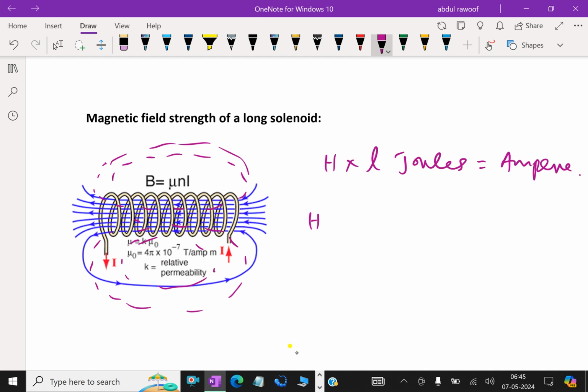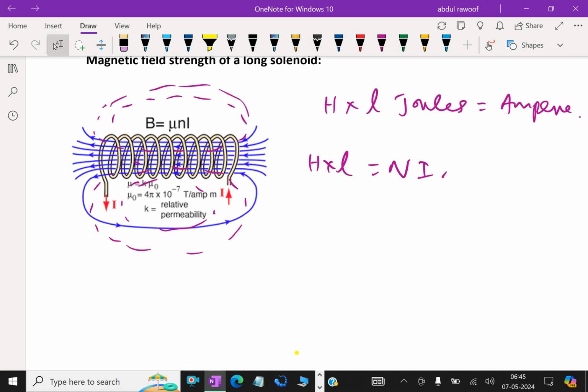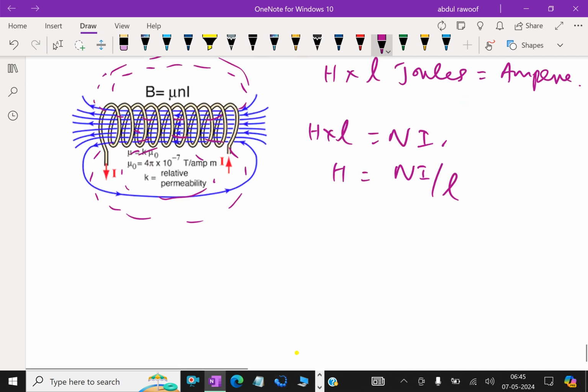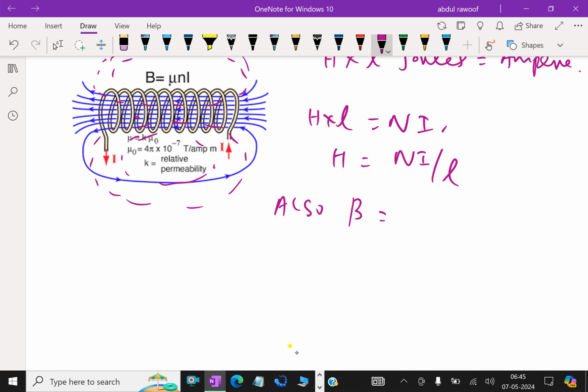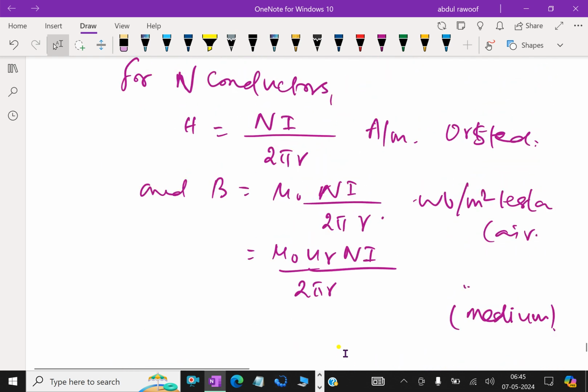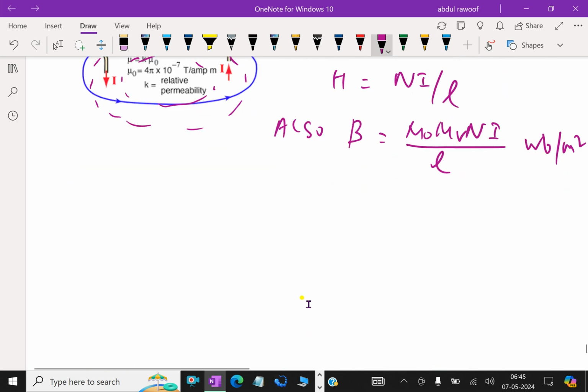Therefore, we can write H into L equals N I, and H equals N I by L. Then also B equals mu 0 mu r N I over L, in Weber per meter square, and the unit is Tesla.